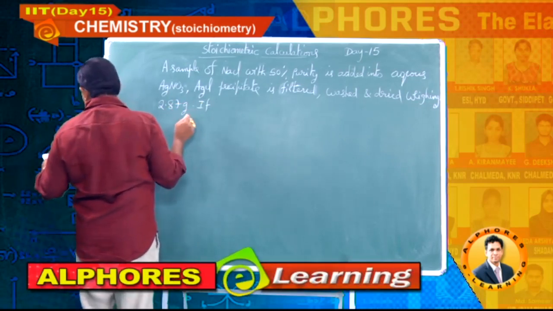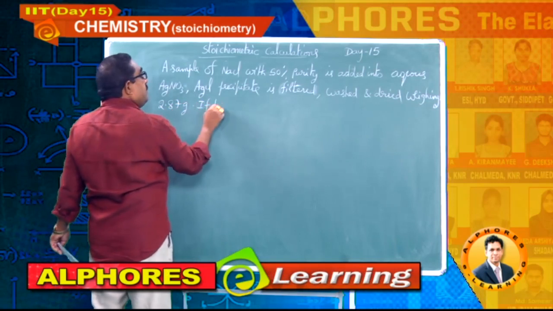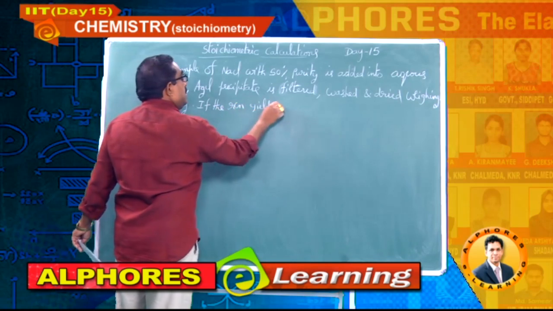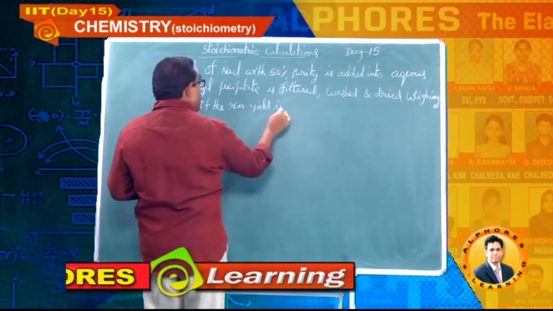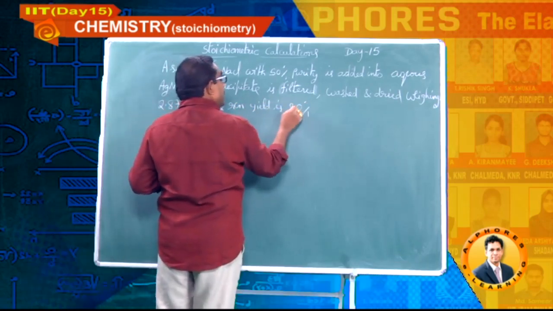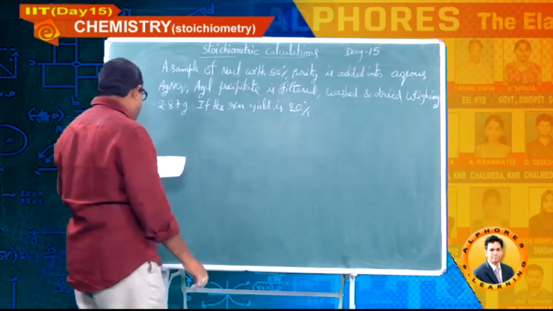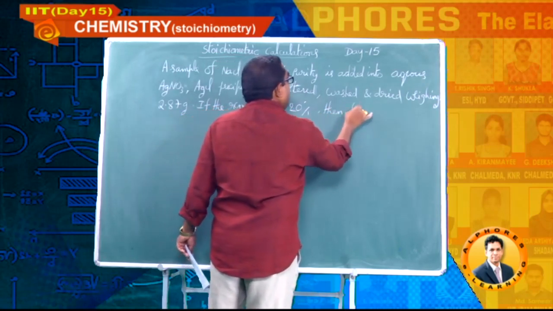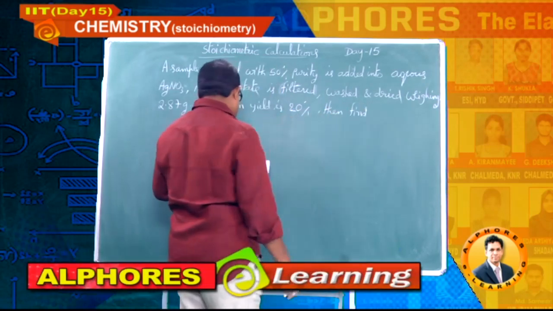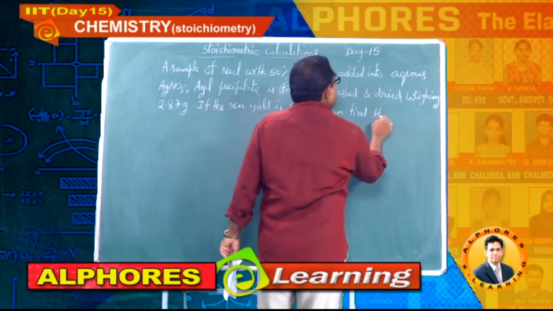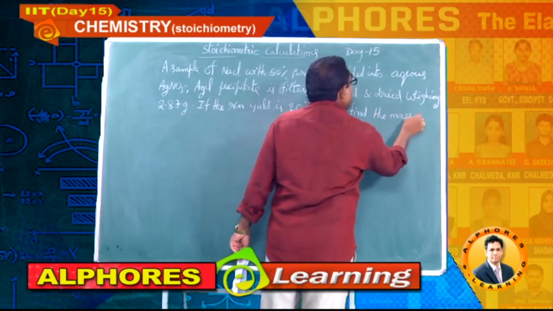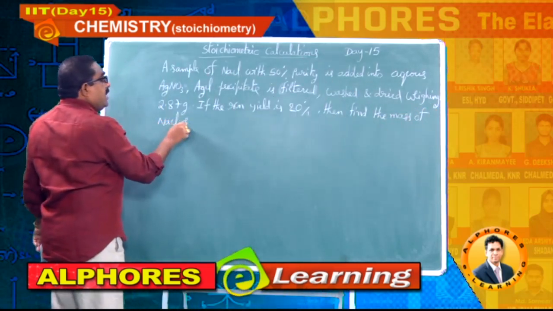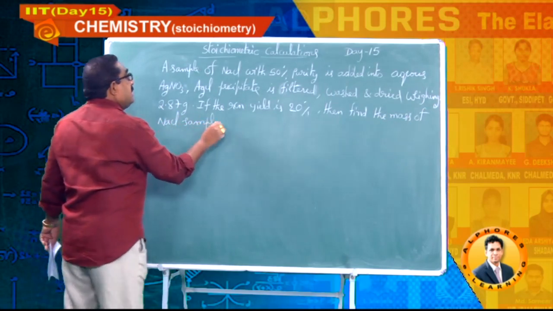If the reaction yield is 20%, then find the mass of sodium chloride sample given.